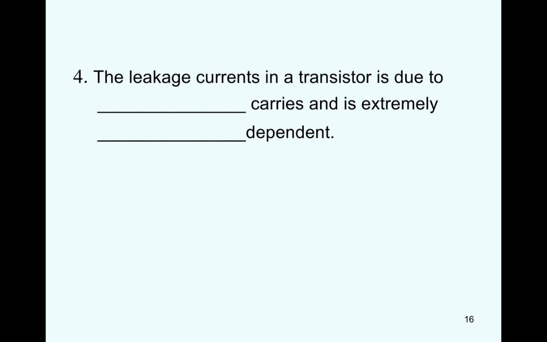Next question: the leakage current in a transistor is due to minority charge carriers and is extremely temperature dependent. So these are some quiz questions related to the NPN transistor.